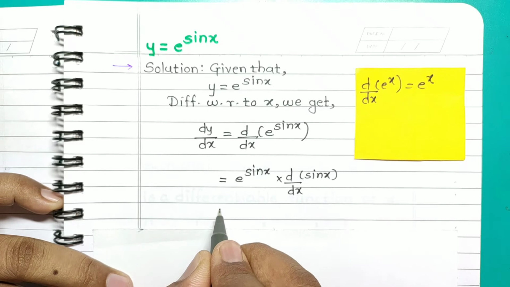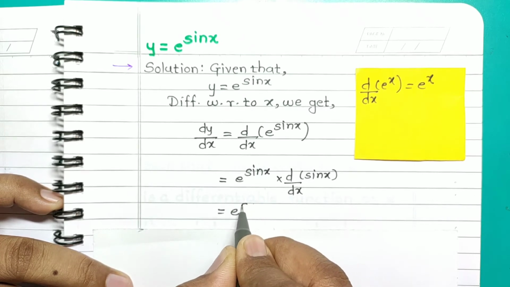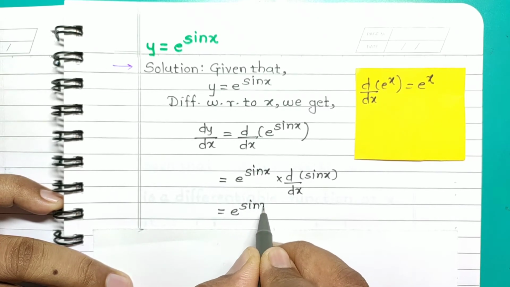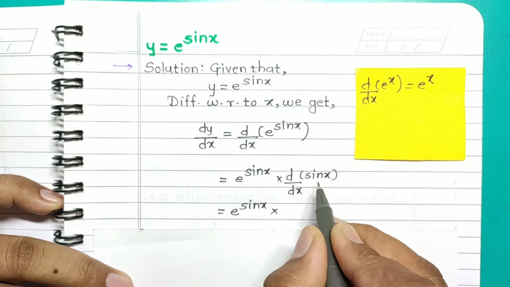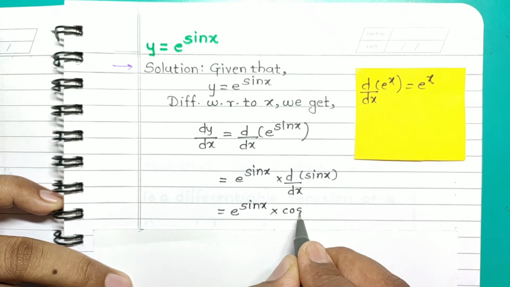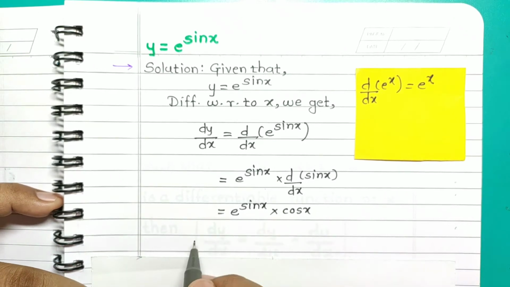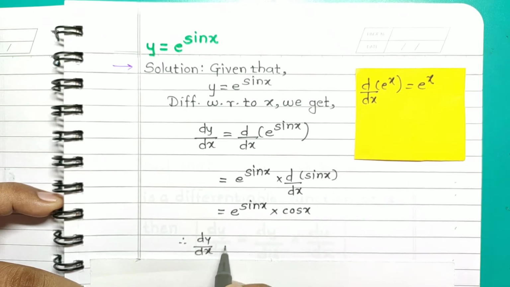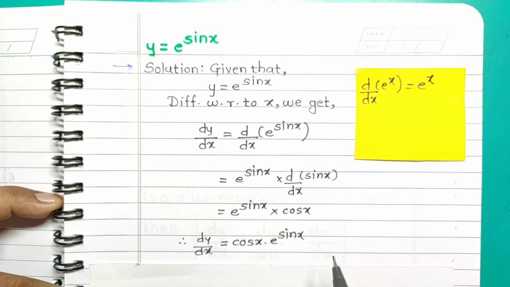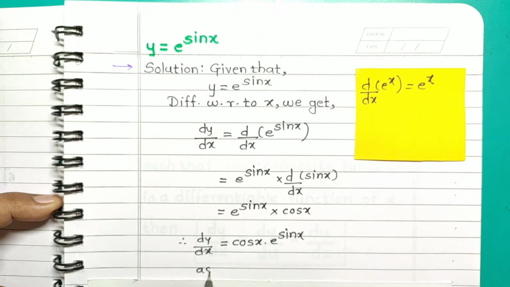Okay, so the first term is as it is, e raised to sin x into derivative of sin x, which is cos x, and so finally we have dy by dx. Rearranging the terms, we have cos x into e raised to sin x as the required derivative.